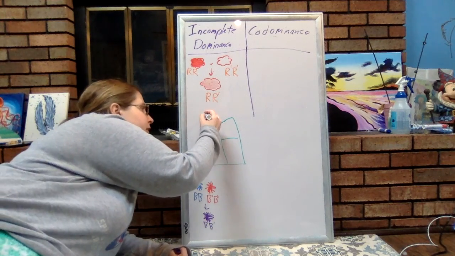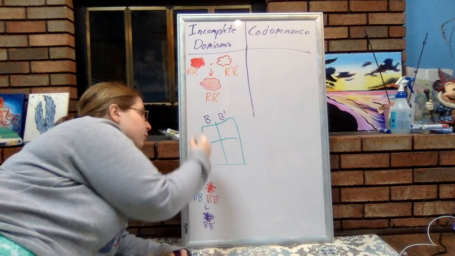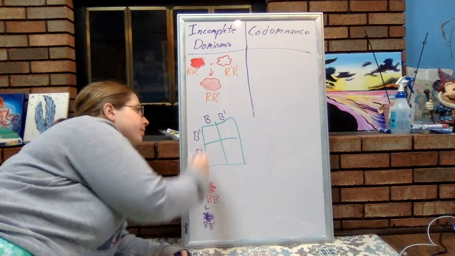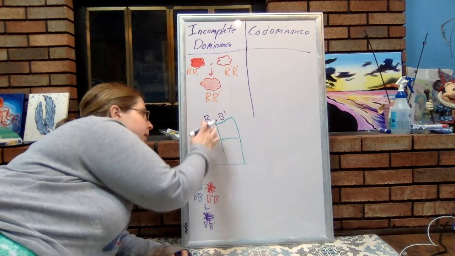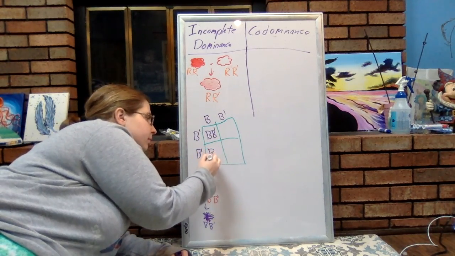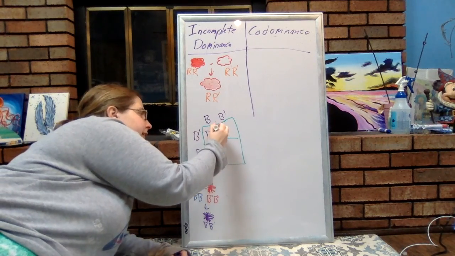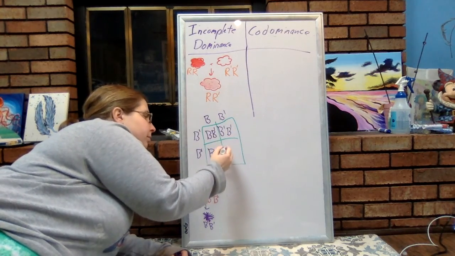Well, let's check it out. B prime, and red is B prime, B prime. So B prime, B prime, B prime, B prime, B prime, B prime.